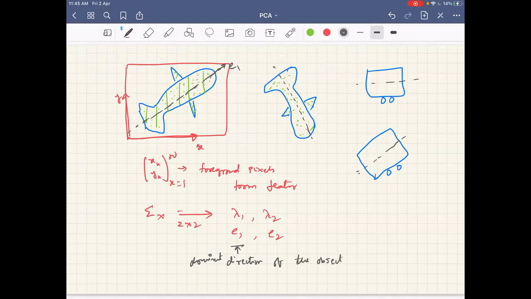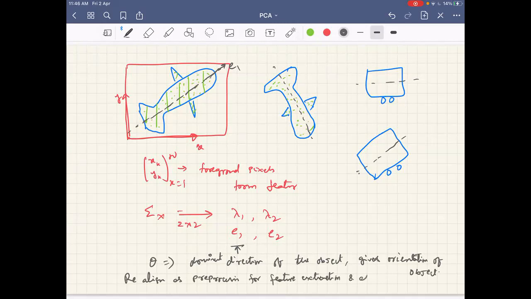In other words, the object is oriented in the direction that E1 gives, the orientation theta of the object. Hence you can realign as pre-processing for feature extraction and classification.